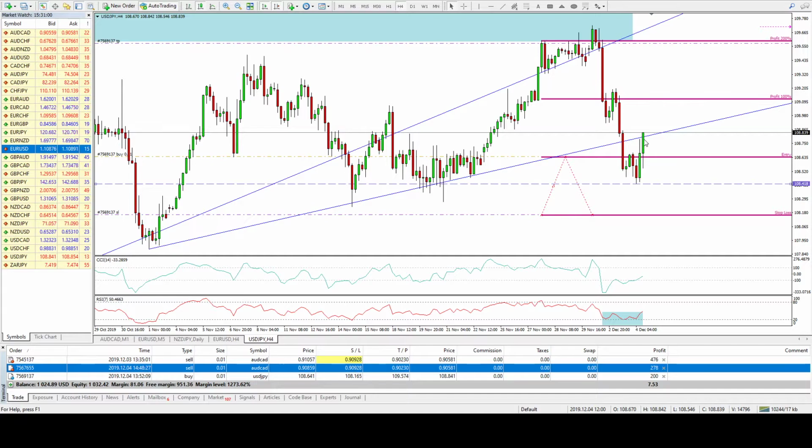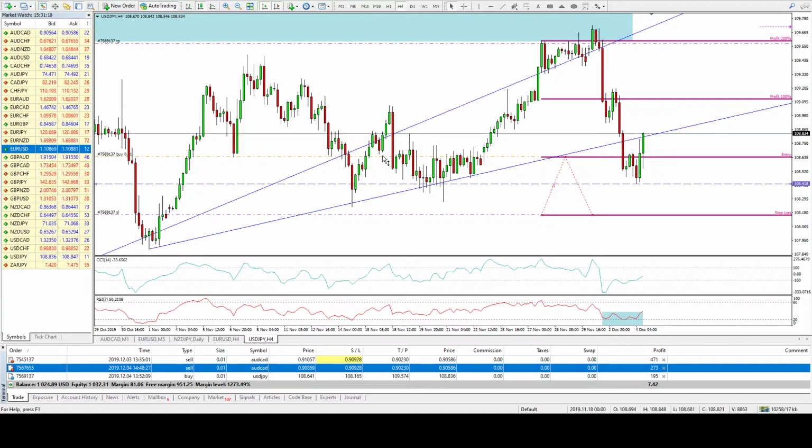USD JPY, dollar yen is doing very well. It's going the way we want it. My stop loss is about 47 pips.